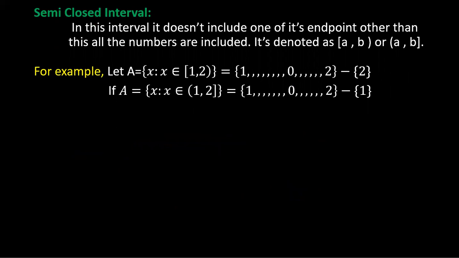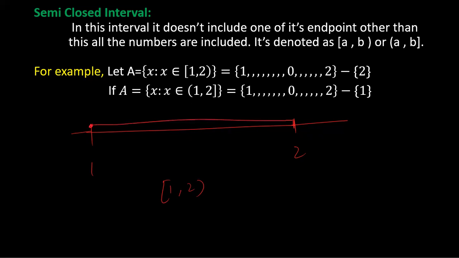Now, semi-closed or semi-open, this is very easy. I will give you one example. Let's say 1 and 2 here. Let's say 1 is closed, 2 is open. That means this will be closed and this will be open.